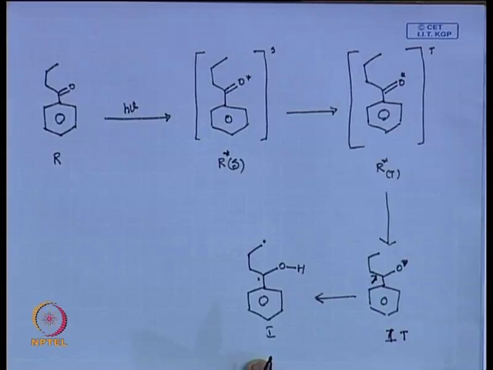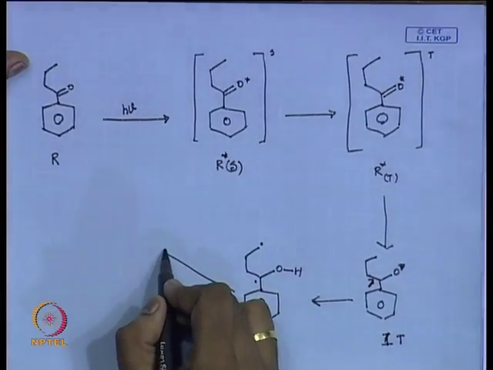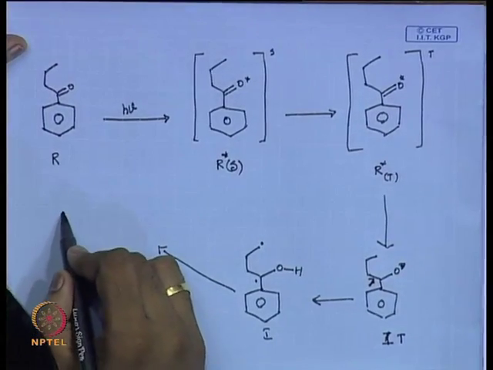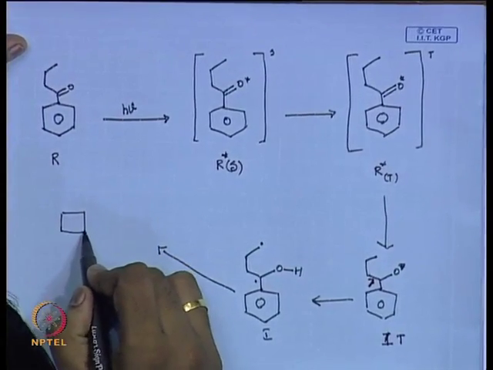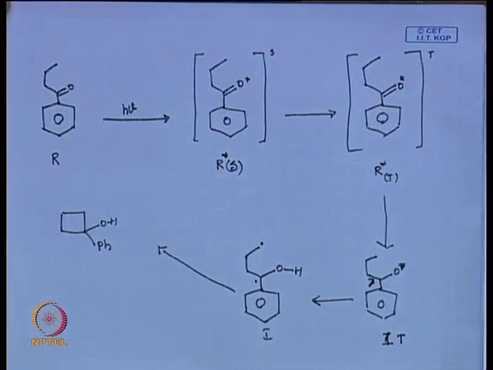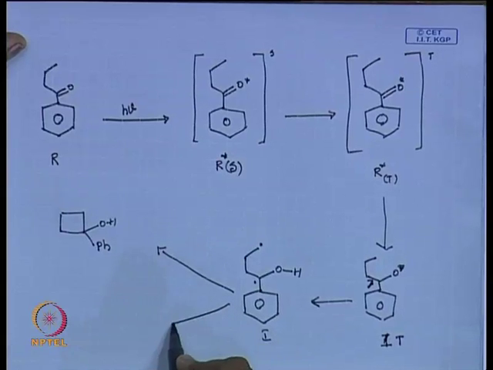So, what is this I? It is a nitrene or carbene or diradical, what it is? It is a 1,4, right? 1, 2, 3, 4. It is a 1,4 diradical. So, you know what a 1,4 diradical does? It can cyclize, give me this product, or what it does?